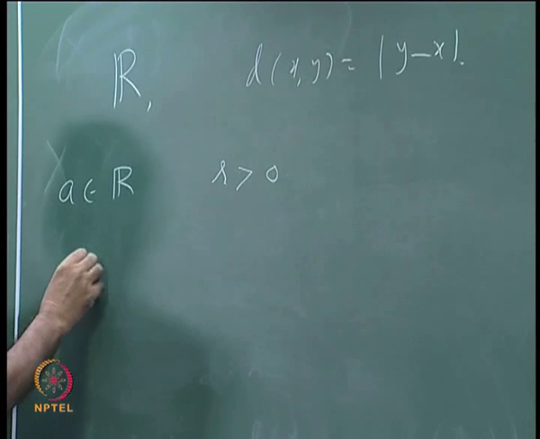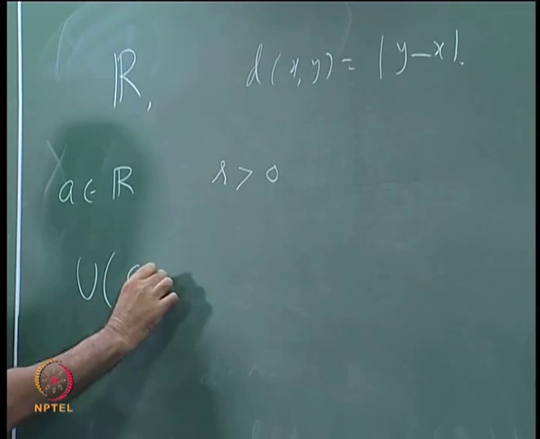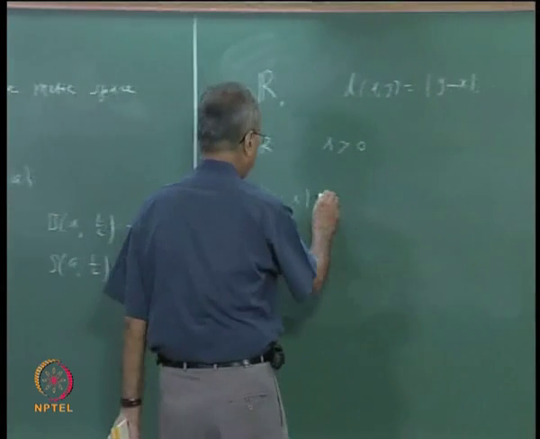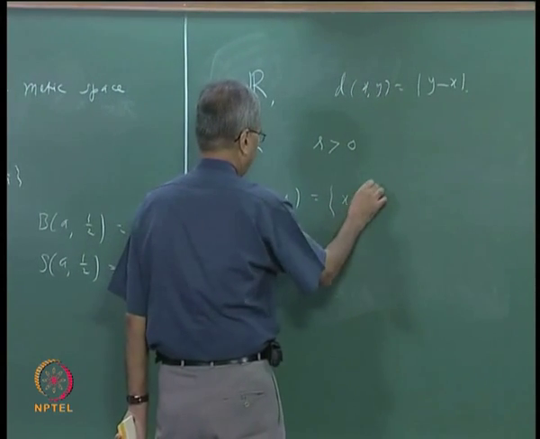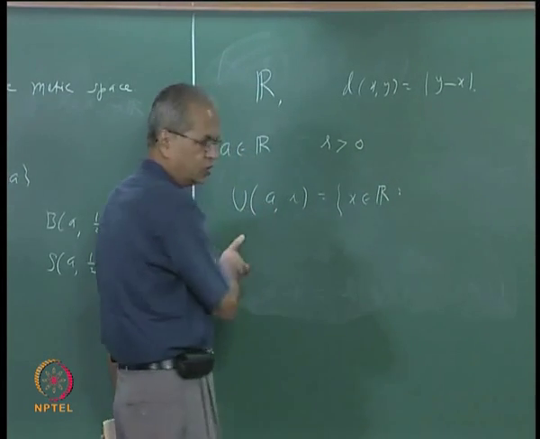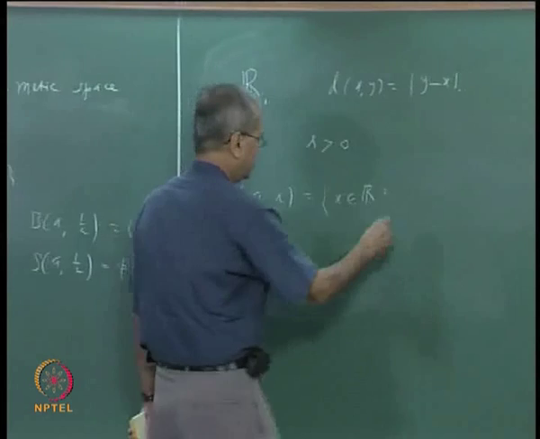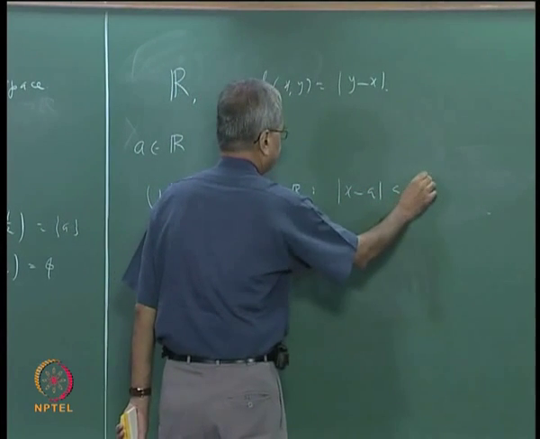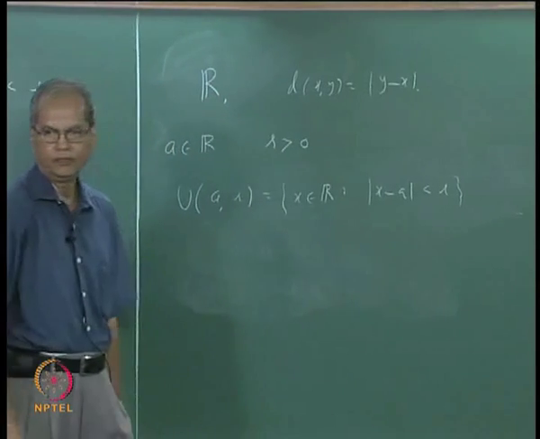Then what is U(a,r)? If you look at the definition, it is the set of all x in R such that the distance between a and x is strictly less than r, that is, mod x minus a is strictly less than r.